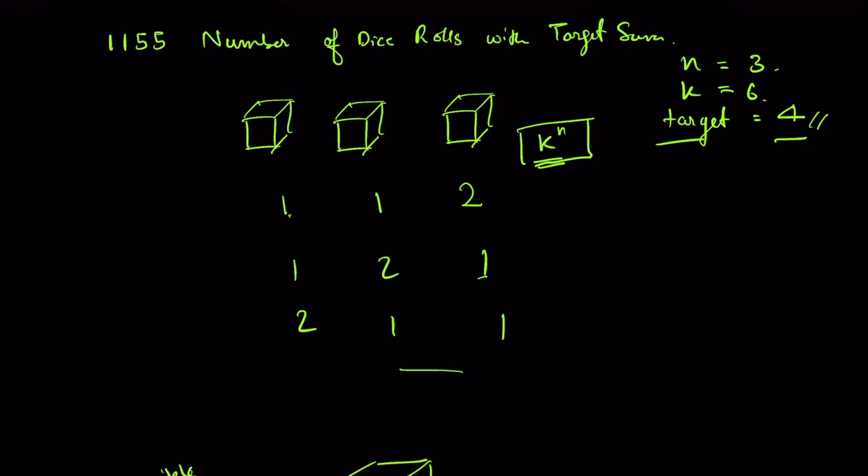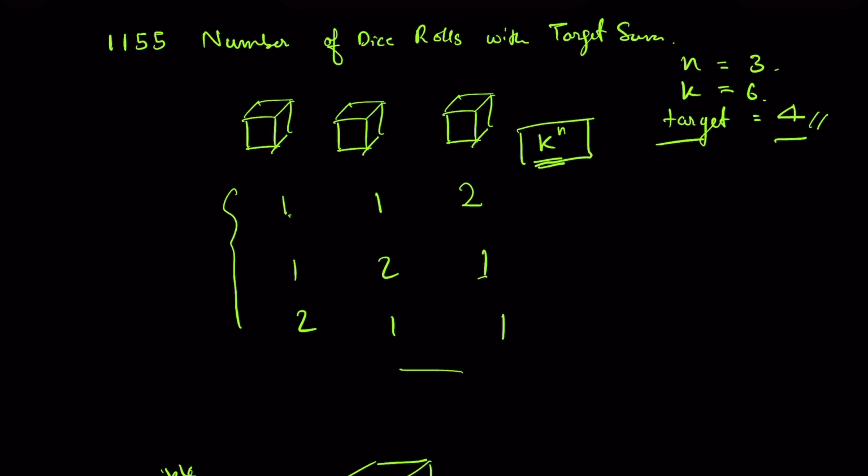Let's say this is a 6-faced die, so 6 into 6 into 6 is the total possible outcomes. We have to find the number of outcomes from which we can get the target, which in this problem is 4. So these are all the total outcomes we can get such that the sum is equal to 4.